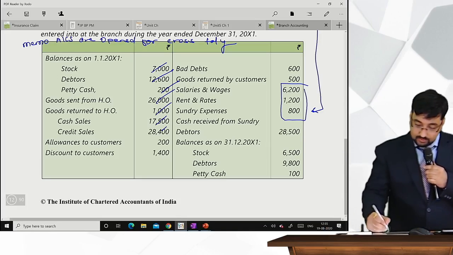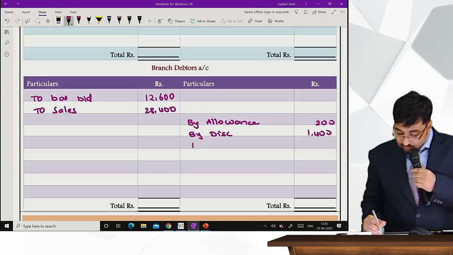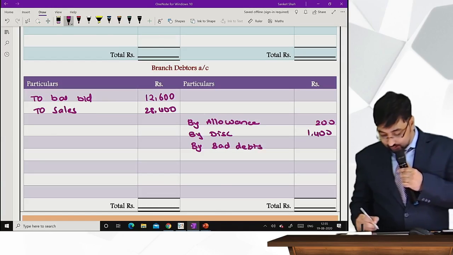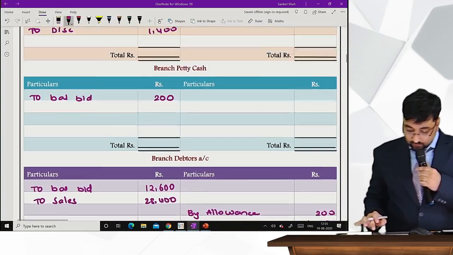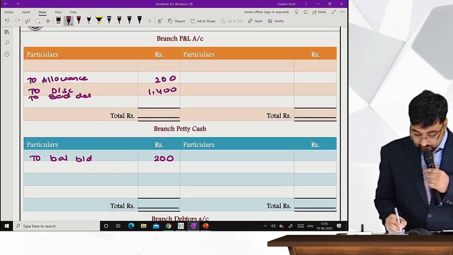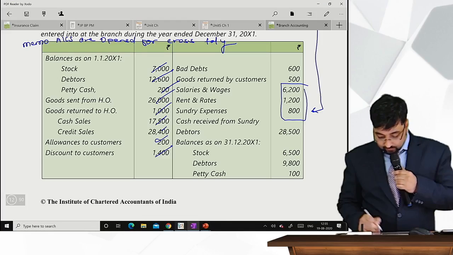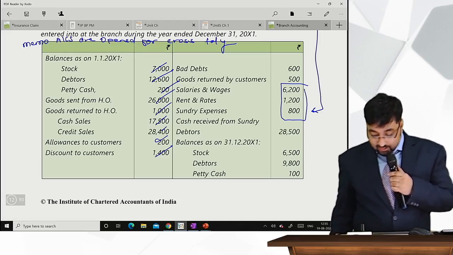Okay, friends. So we have completed with allowance and discount. Bad debts. Bad debts will write on the credit side of debtors account. Bad debts 600. And second effect, P&L account to bad debts 600. Correct? To P&L account, to the bad debt 600.